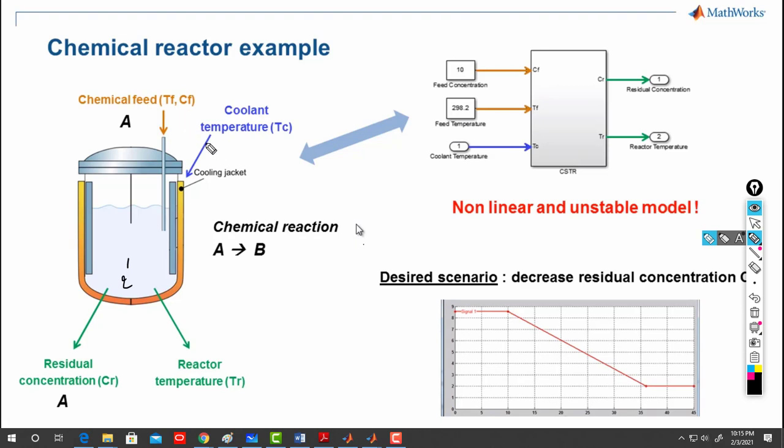So here you are feeding to your system TF and CF. Those are not design parameters, those are constant feeds, not control parameters.